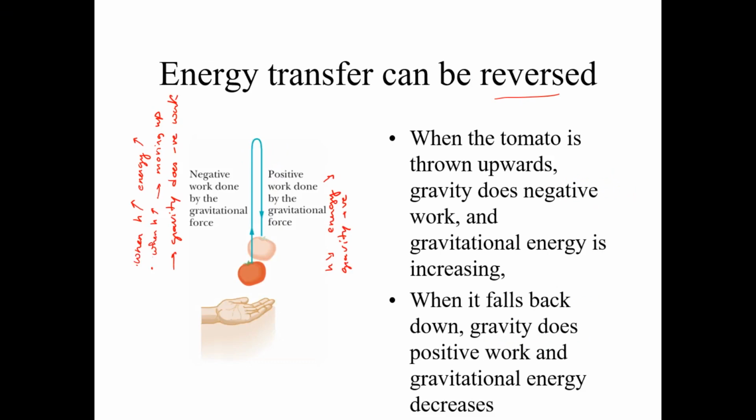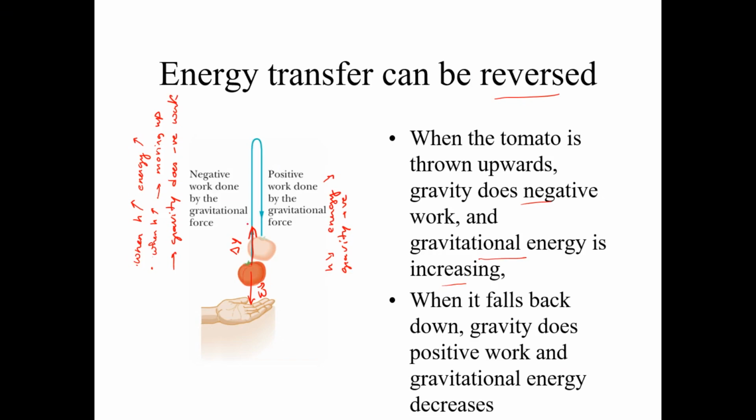You can see here another scenario. You throw a tomato upwards. As it ascends, gravity does negative work. So in the first section, in the upward direction of motion, here delta Y is up and W is down, so W does negative work. Now gravitational potential energy is going to be increasing. Why?